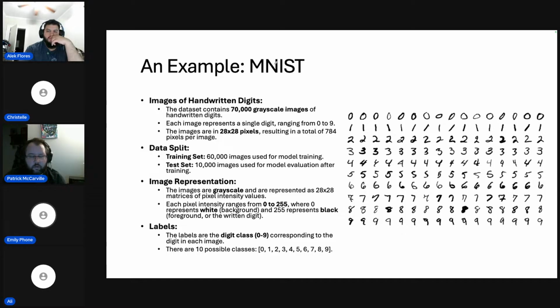So the MNIST data set contains over 70,000 images of handwritten digits. Somebody wrote 0 and somebody wrote 1, and it has kind of a fun story behind it.